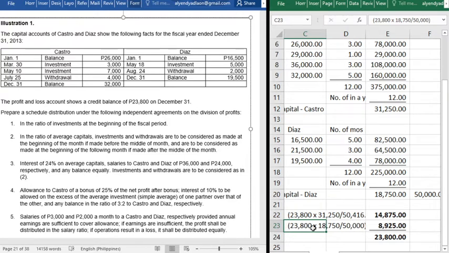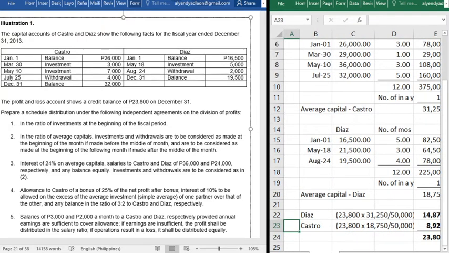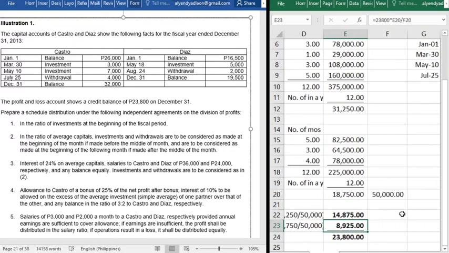And for this one here, 31,250 over 50,000. So here is the correct answer. We have 14,875 for Diaz and 8,925 for Castro. That is for the average capital.